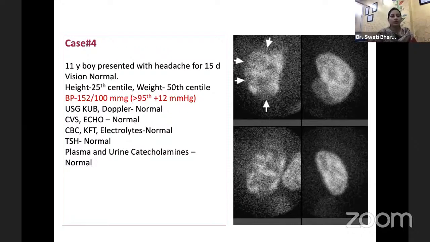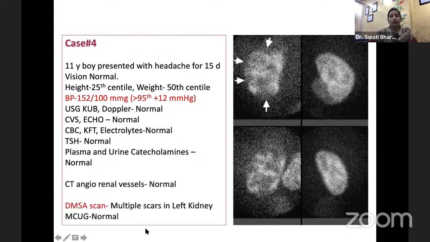Plasma and urine catecholamines were also normal. He later also underwent a CT angiography which showed normal renal vessels. Then a DMSA scan was done which showed multiple scars in the left kidney, and MCU was normal. So probably his hypertension was because of scarring resulting from reflux, though he had never had a urinary tract infection.